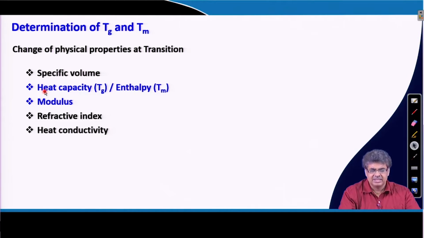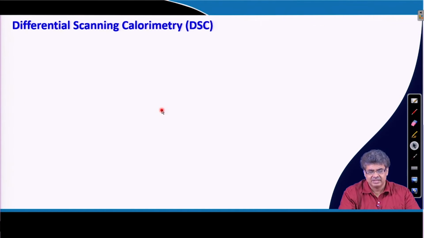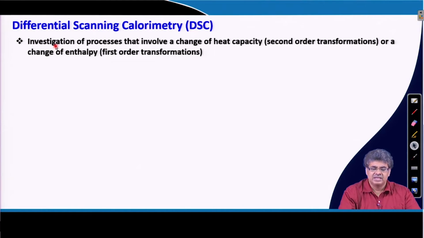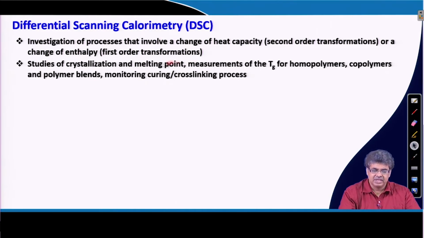Let me discuss differential scanning calorimetry first in detail, and later on I will discuss the mechanical property in a later lecture. DSC, in short, is used to investigate processes that involve changes in heat capacity, second order transitions like Tg, or a change in enthalpy, first order transitions like Tm melting.